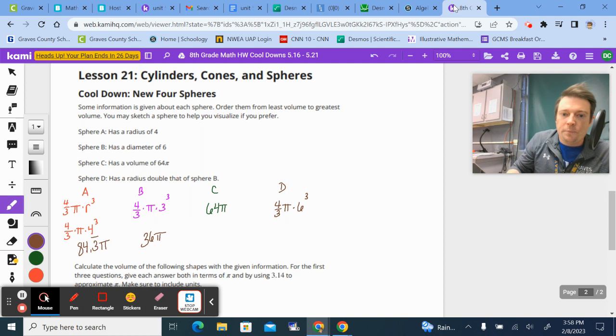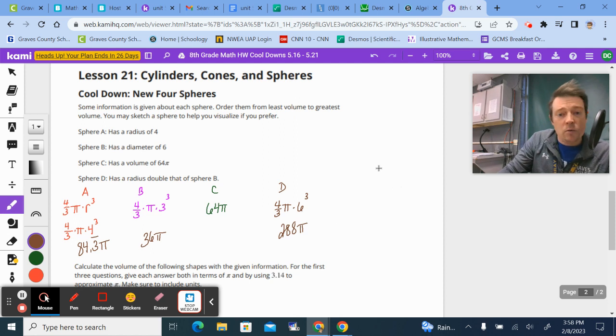Holy guacamole, 288 pi for that one. So it says that we need to order them from least to greatest. You may sketch it to help you if you prefer, but we're just going to order them from least to greatest.